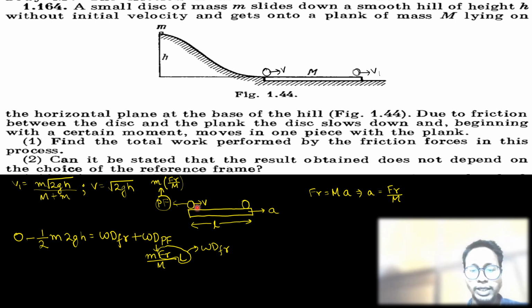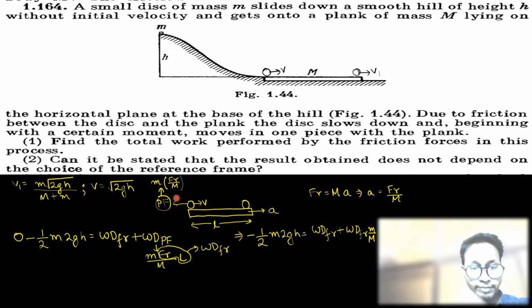Friction force into L. So if I take minus half m into 2gh, that is equal to work done by friction force plus work done by pseudo force, which is nothing but work done by friction force into small m by capital M.